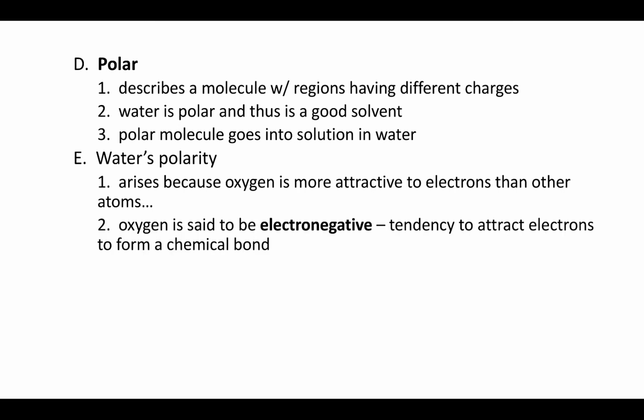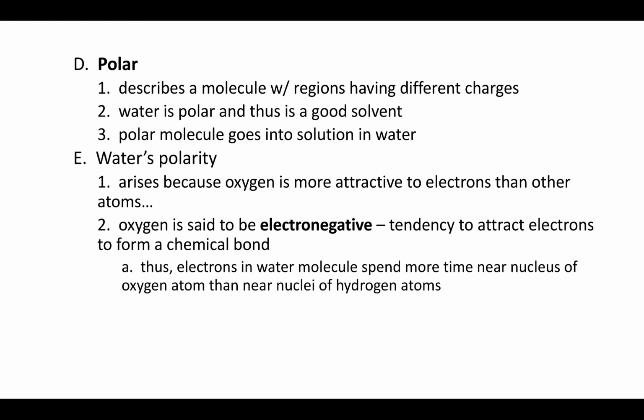It's what we refer to as electronegative, the tendency to attract electrons to form a chemical bond. Remember, it has 2 unpaired electrons, meaning it can bond with up to 2 other atoms, which in this case, to make water, are hydrogen.